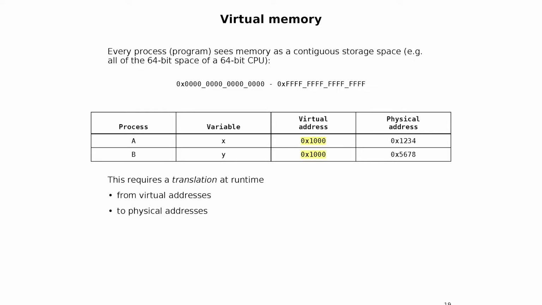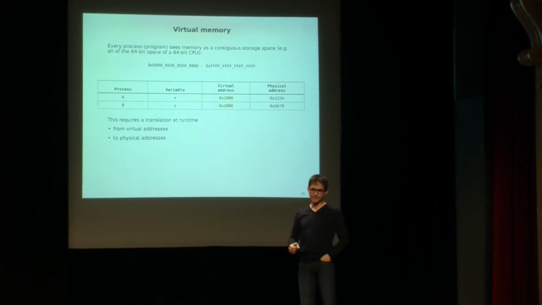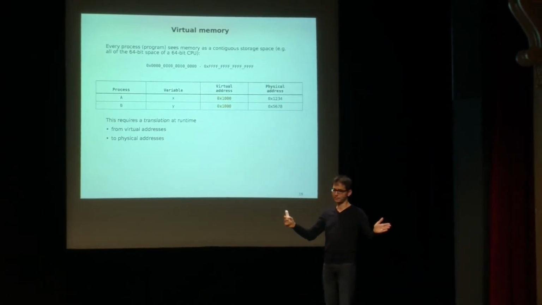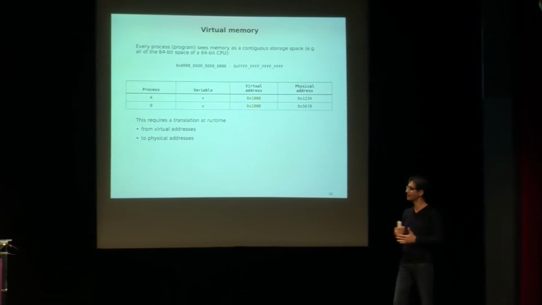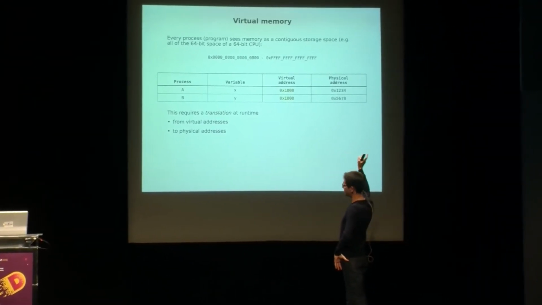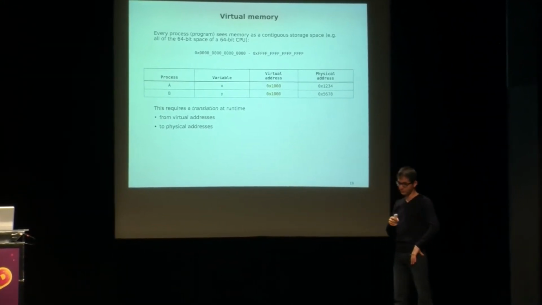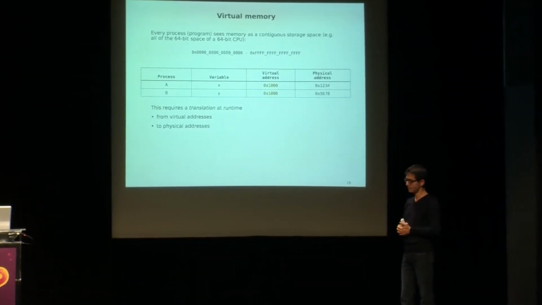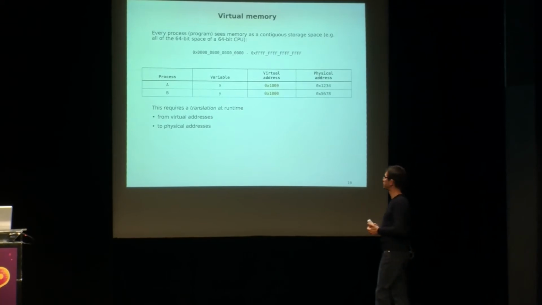To add to this picture, every operating system that matters today uses virtual memory, where every process thinks that it has the entire address range available to it, even though some of it is not allocated. Addressability-wise, from 0 to all FFFs, the entire 64-bit range, they think they own that range.